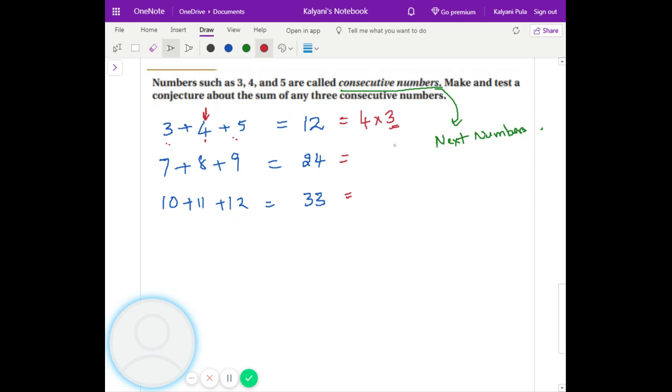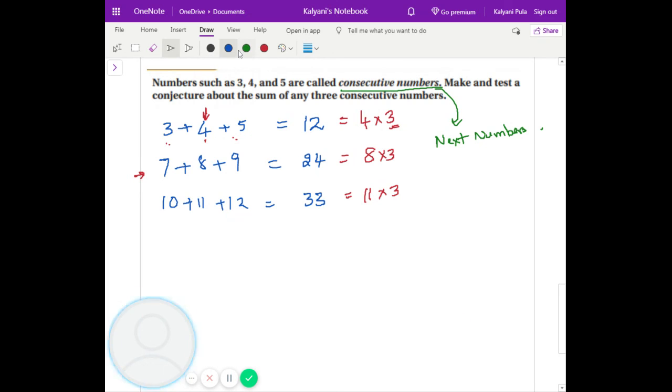Next one right here, the middle number is 8. 8 times 3, that's 24. They each have 3 as a factor. Yeah, that's true. And then the last one is 11 times 3. That's it. The middle number times 3 gives you that sum. Does that make sense?